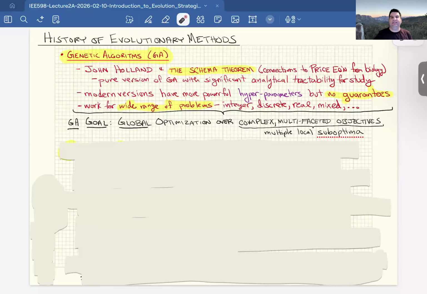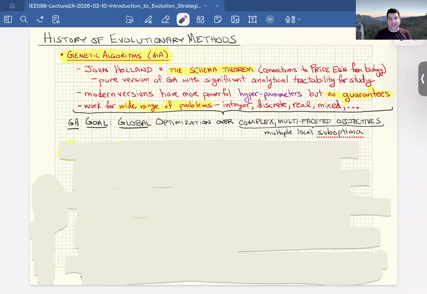It had fewer components, fewer degrees of freedom, and those limitations allowed Holland to build the so-called schema theorem that allowed him to make proofs about the way the GA works: under what conditions could we guarantee that the GA reached an optimal solution, and so on and so forth. In biology, this has connections to the so-called Price equation, which tells you how traits evolve from generation to generation.